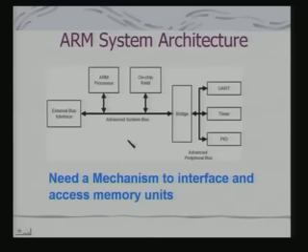The whole idea here is that when we are interfacing external memory units, we should know how to use the signals which are being provided by the processor core. This is important when we are building up a system in terms of discrete components.